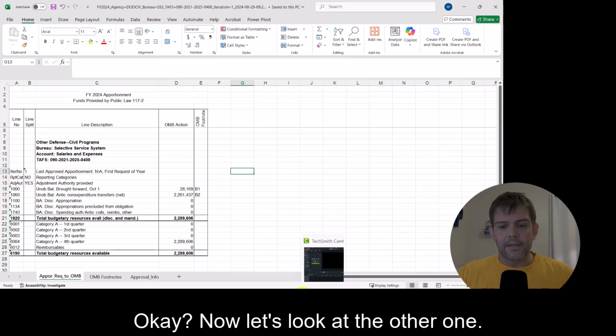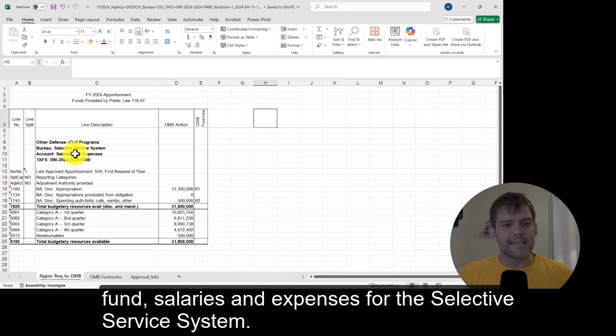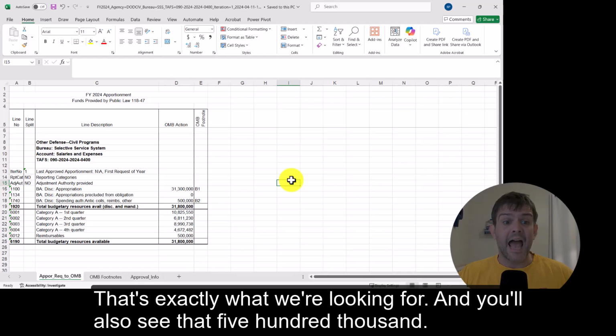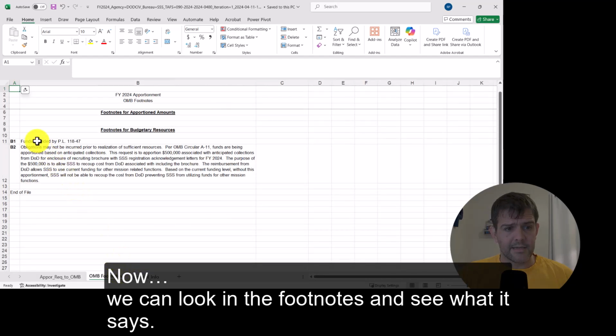Okay, now let's look at the other one. So this is, you see here, the 2024 annual fund, salaries and expenses for the Selective Service System. You'll see here, appropriation, $31,300,000. That's exactly what we're looking for. And you'll also see that $500,000. Now, we can look in the footnotes and see what it says.